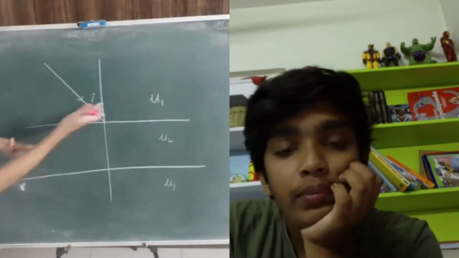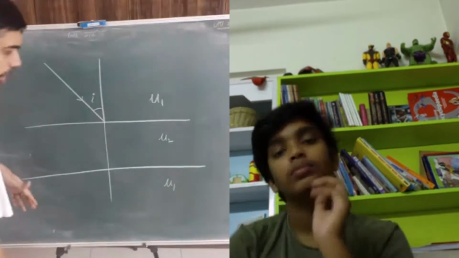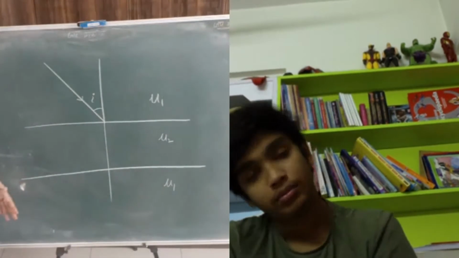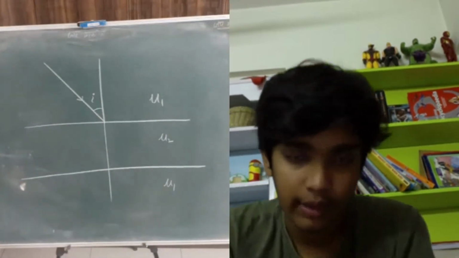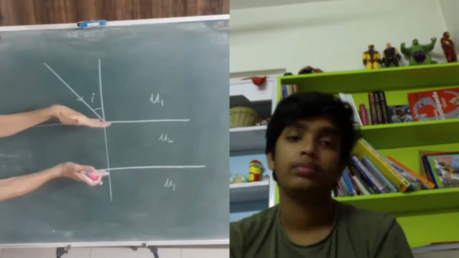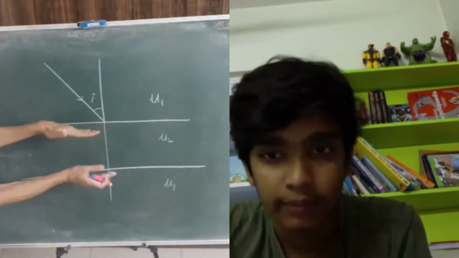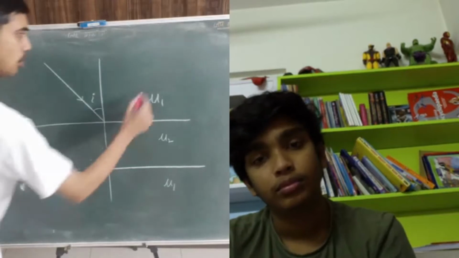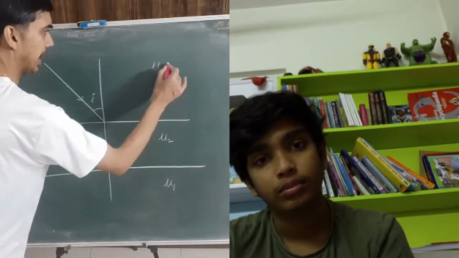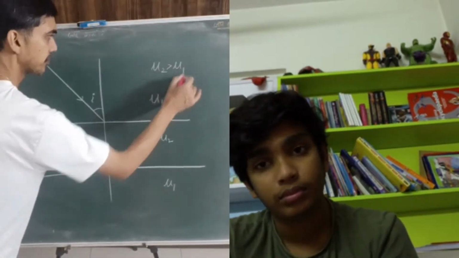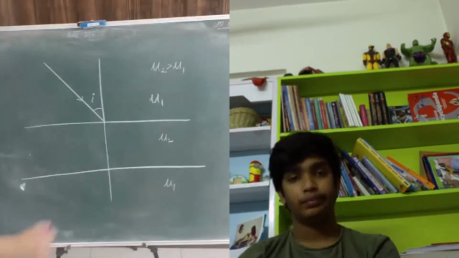They being parallel, this line will hold good as the normal for both the surfaces. Correct? Rectangular slab, so these faces are parallel to each other. Let me assume mu2 is greater than mu1. What happens?